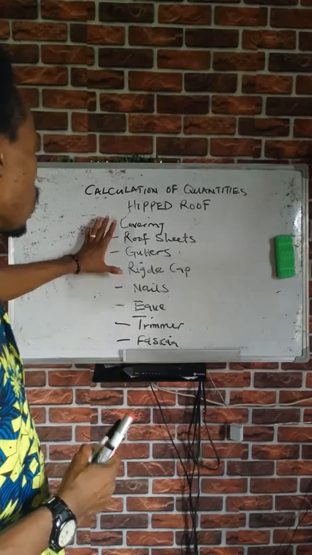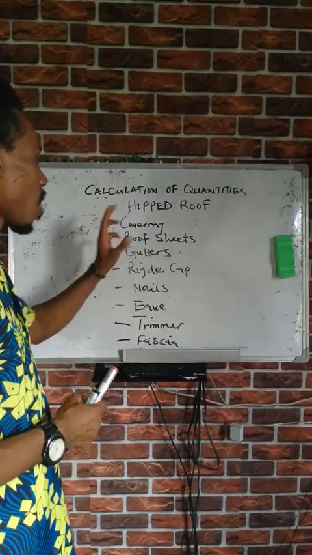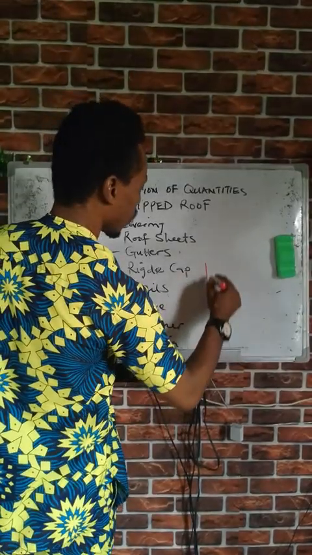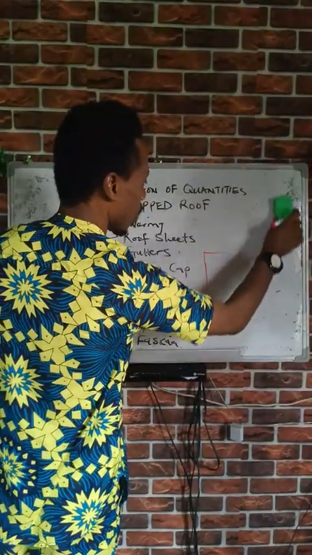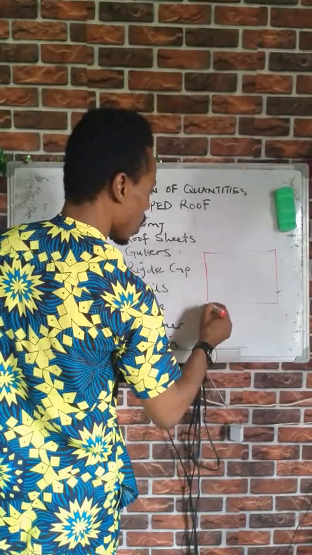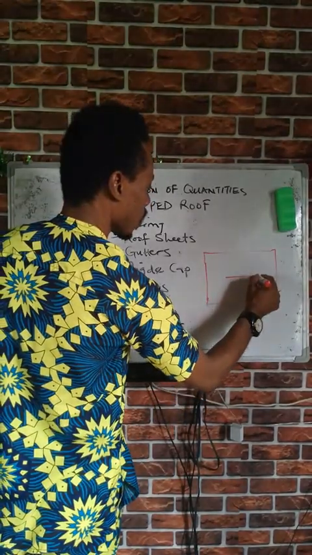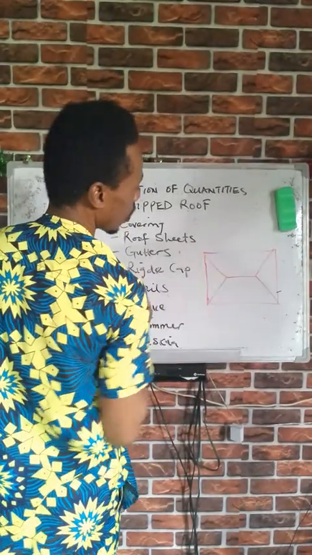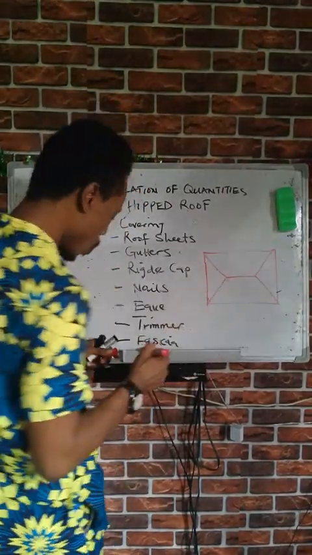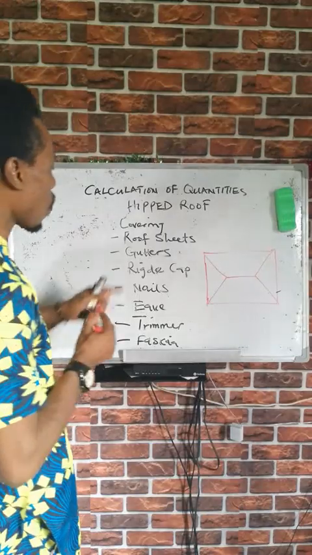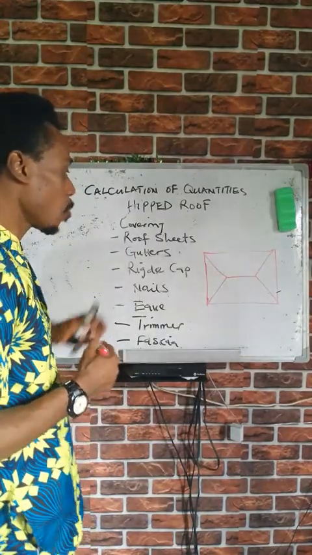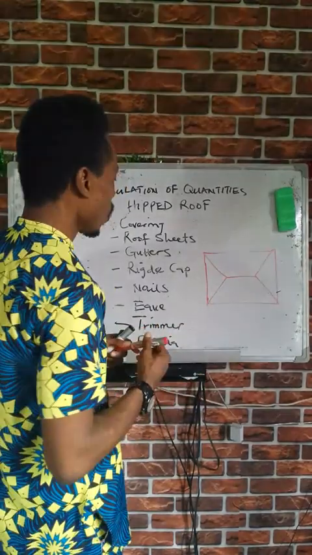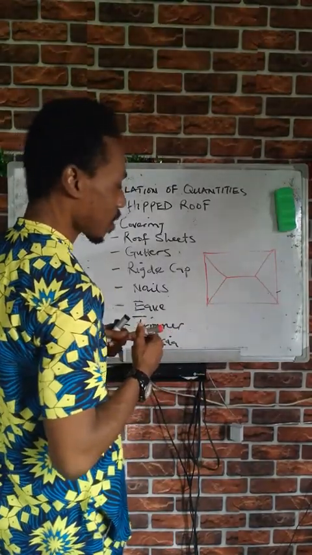Now, these are the coverings of our hip roof. Our hip roof comes in this way. This is a more simplified shape of a hip roof because it is sloped on 4 sides. For our roofing sheets, you must draw this out to scale.